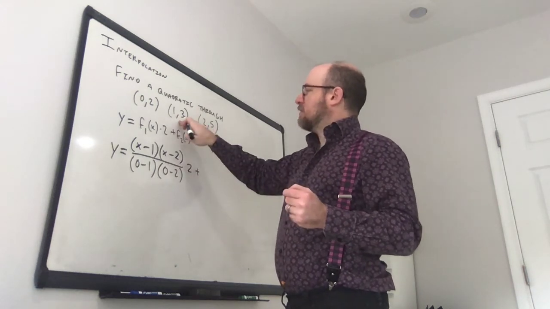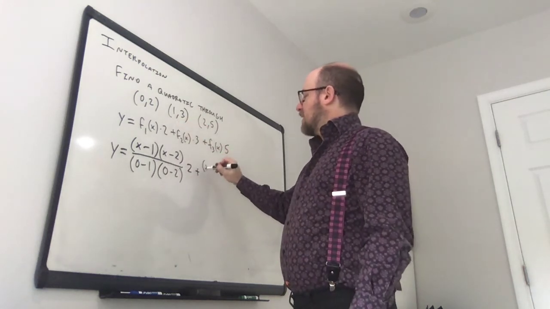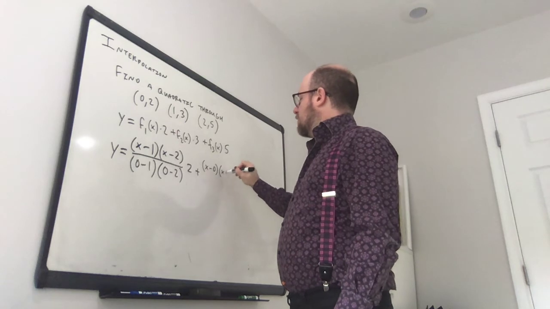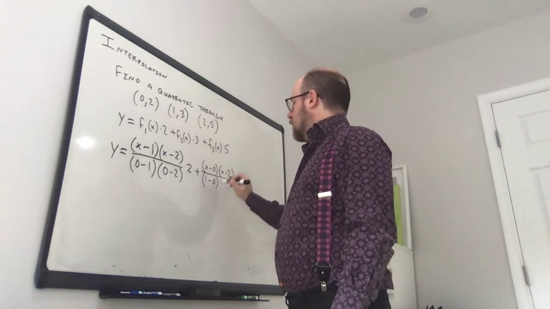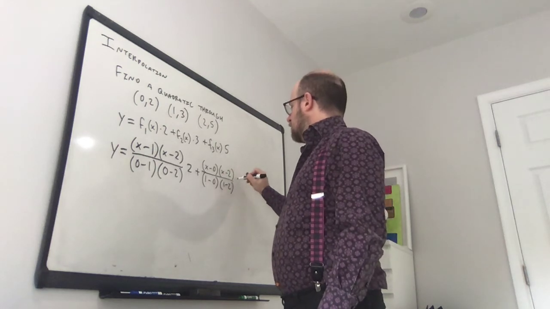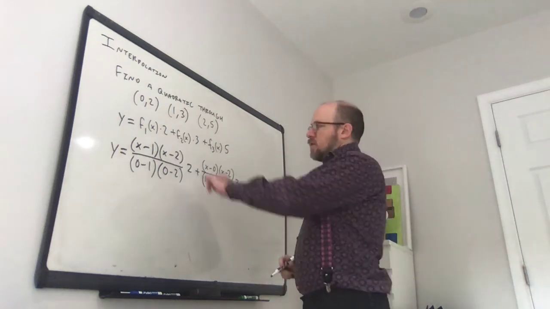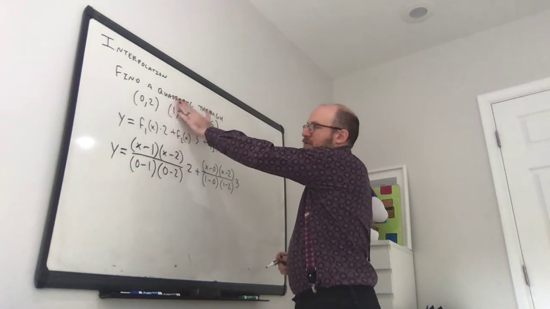F2, we're going to skip this one. So that's x minus 0, x minus 2 over 1 minus 0, 1 minus 2, times 3. So in F2, we skip over that point.